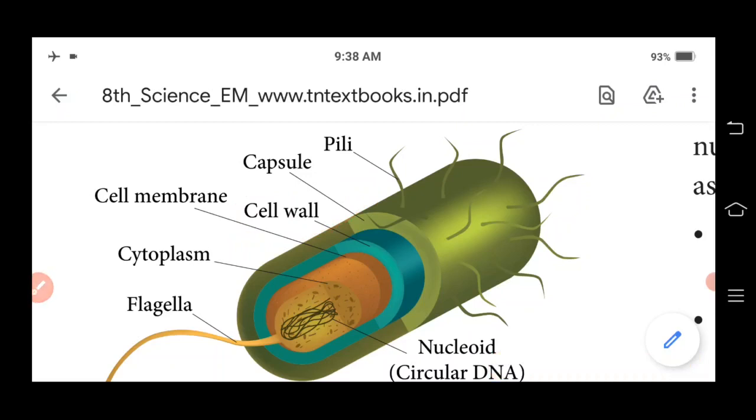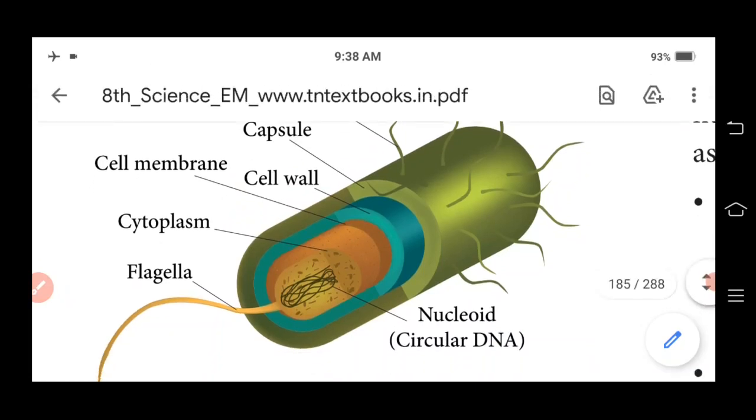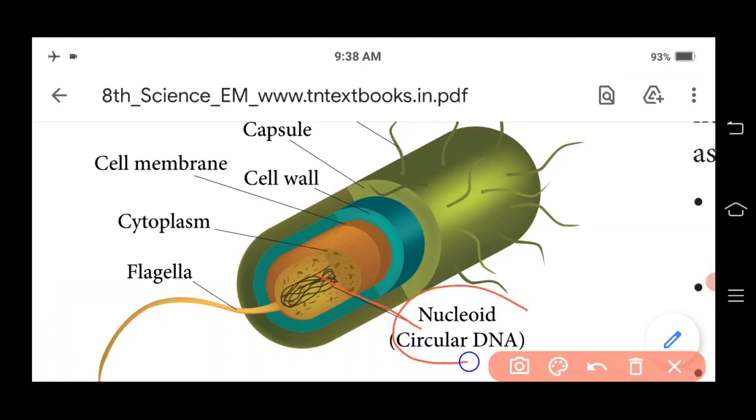So the nucleoid is without a nuclear membrane. See here. This is the nucleoid, without a nuclear membrane. And then an extra-chromosomal DNA called plasmid is present in the cytoplasm.